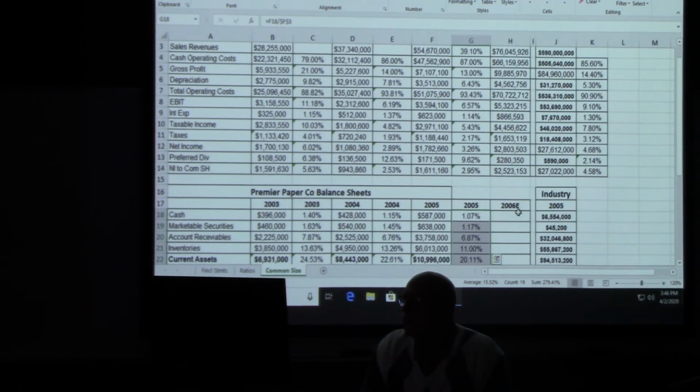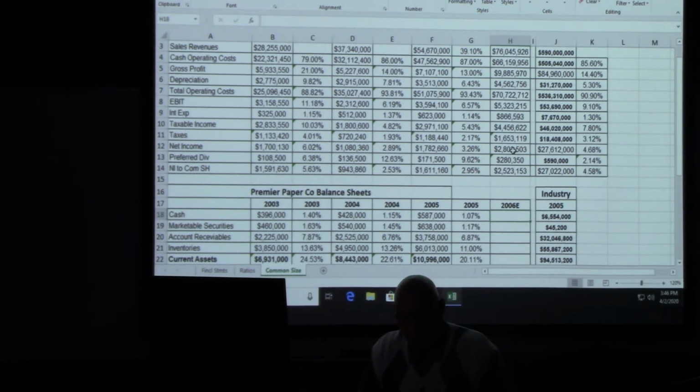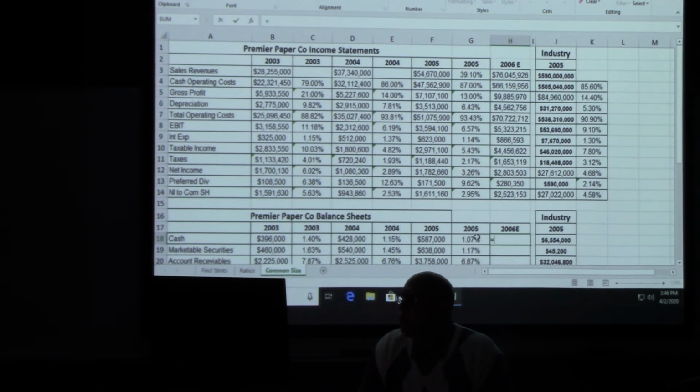What do we think our balance sheet is going to look like? So, cash has been declining a little bit, and so let's take this to, we think cash will be equal to that times our sales number.